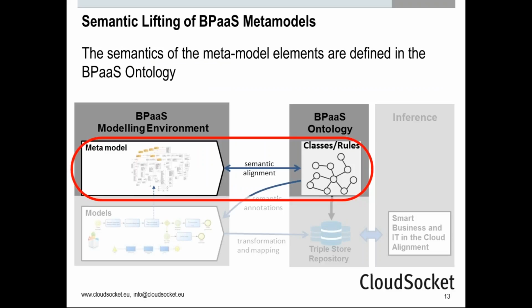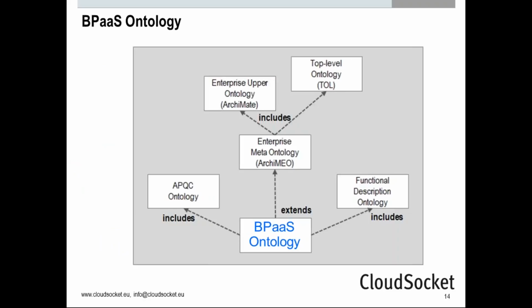So this is the typical model, and now we want to show how we can give meaning to the elements of the model. And this is done by our ontology. What we have is the BPAS ontology, Business Process as a Service. This ontology is based on a standard called Archimeo, which itself is based on an enterprise architecture standard, Archimate, from the Open Group.